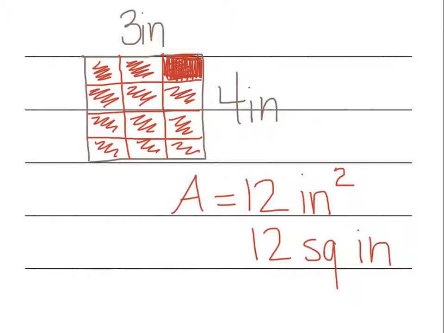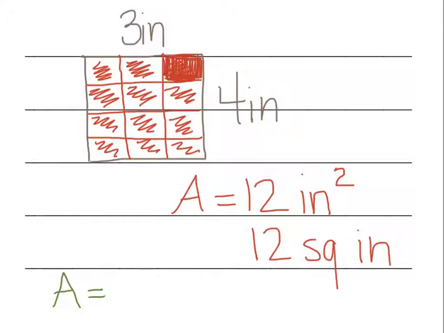So, hence we have 12 square inches inside that space. Now, we don't always want to have to count each individual square like we did there, where we colored in each square and counted them. We don't always want to have to count them, so we have a formula.